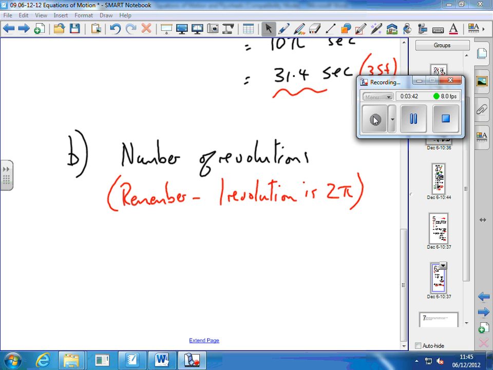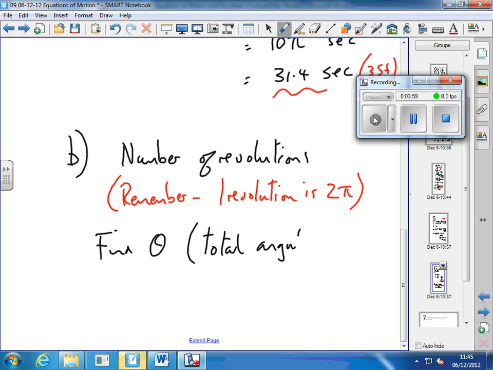So remembering that one revolution is 2 pi radians, to do this, find theta, which is the total angle, remember, the total angular displacement, and then divide this total angular displacement by 2 pi.